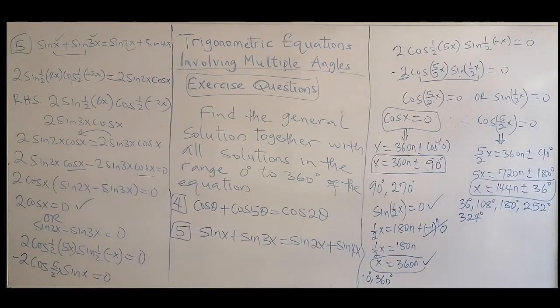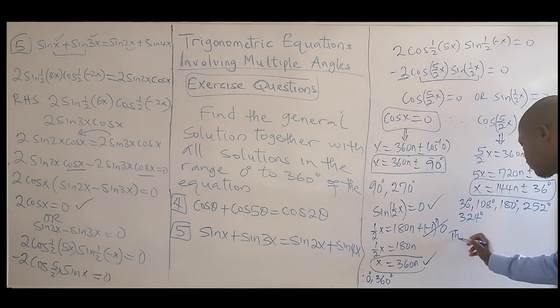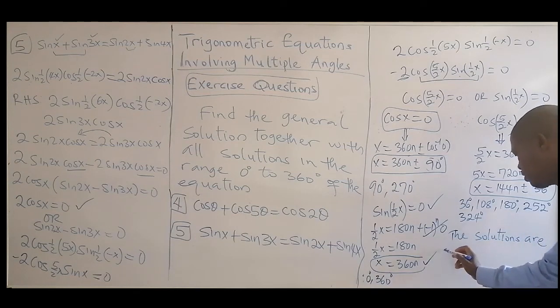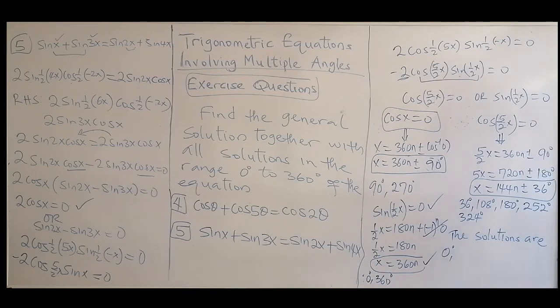So we can combine all these solutions together. The solutions are, let's start with 0, the smallest value, followed by 36, next value, followed by 90, followed by 108. After 108, followed by 180.